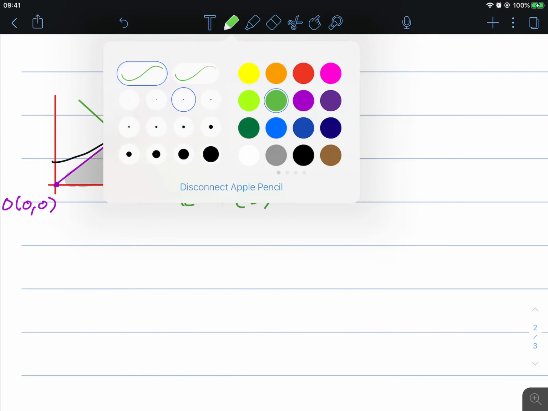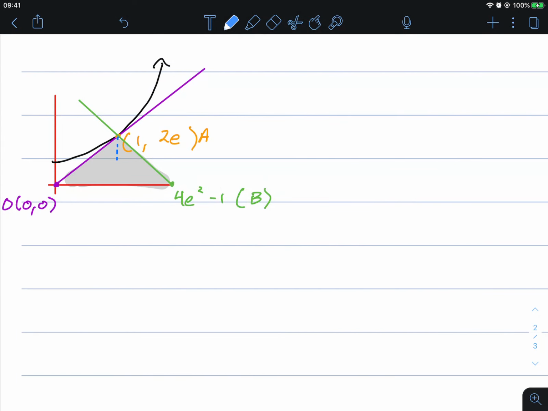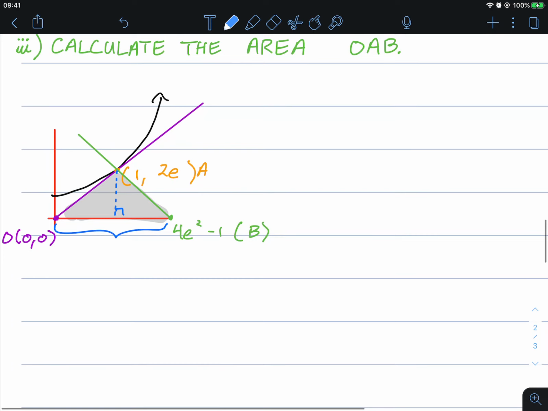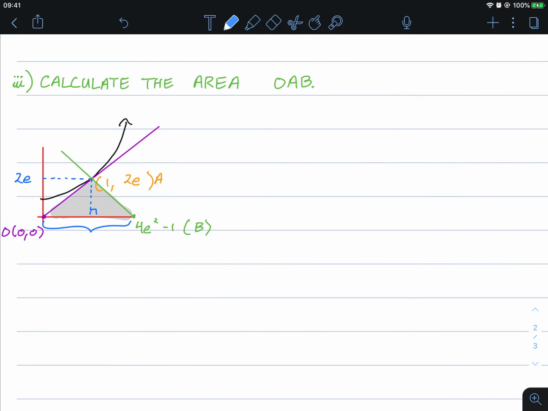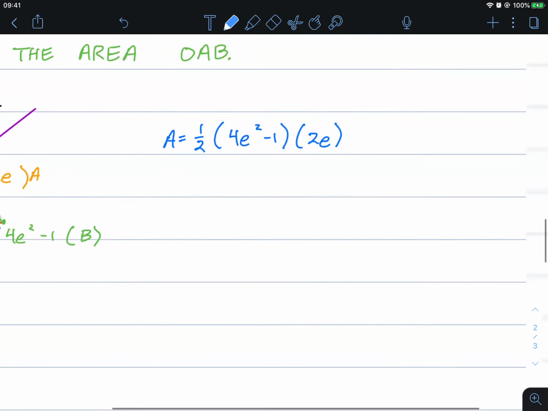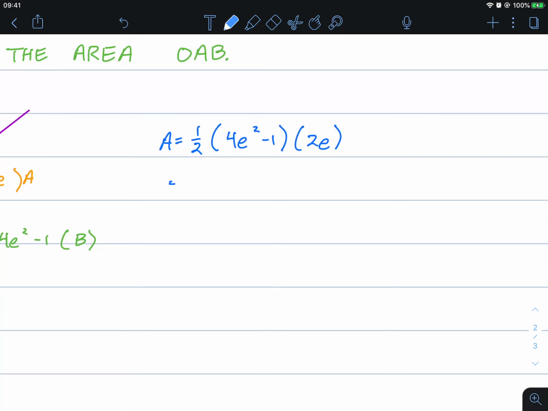Well, I hope you can see that this is actually a triangle where the base is that length, which is 4e squared minus 1, and its height is 2e because that is the y value of 2e. To find this area, we let A equal half the base, which is 4e squared minus 1, times 2e. For this, I'm going to expand the brackets first.